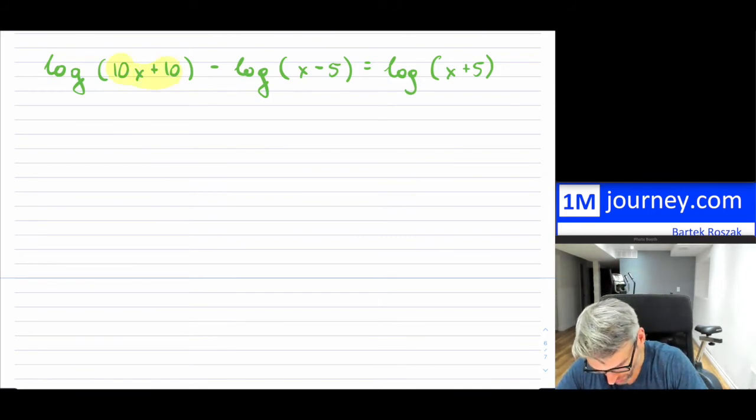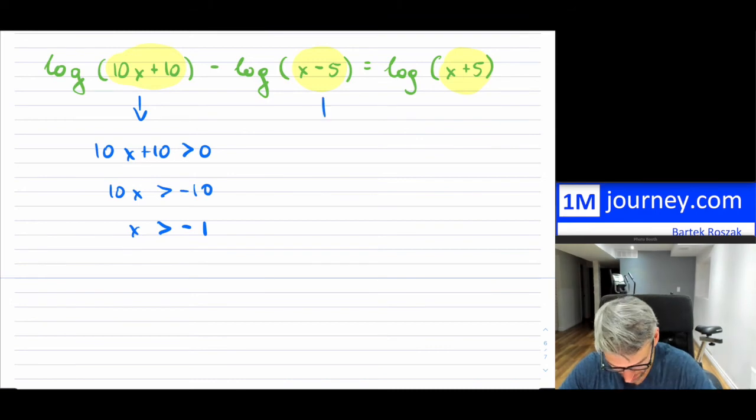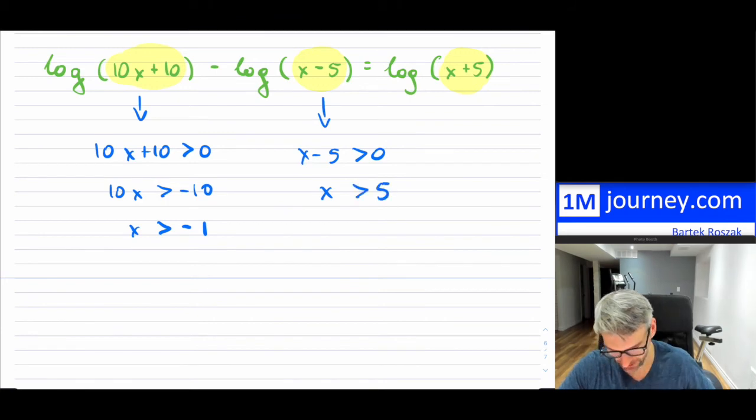So again, first things first, we have to worry about all of these because I have x now everywhere. From here, 10x plus 10 has to be greater than 0. That means 10x is greater than -10, so x is greater than -1. From right here, we have x minus 5 has to be greater than 0, so x has to be greater than 5.